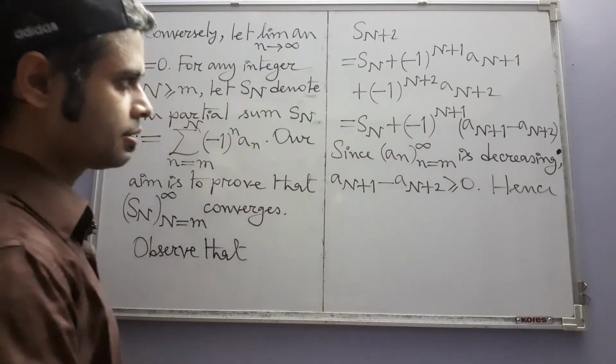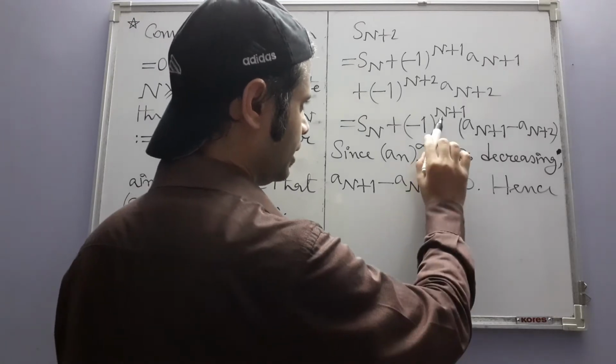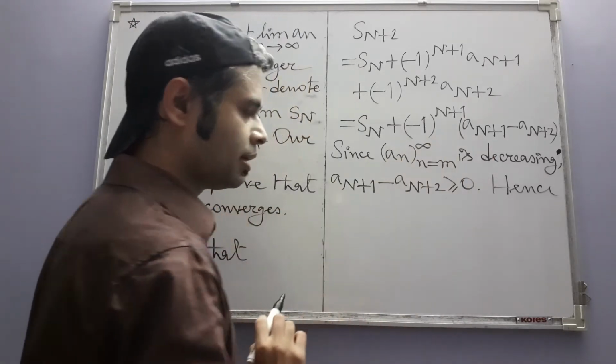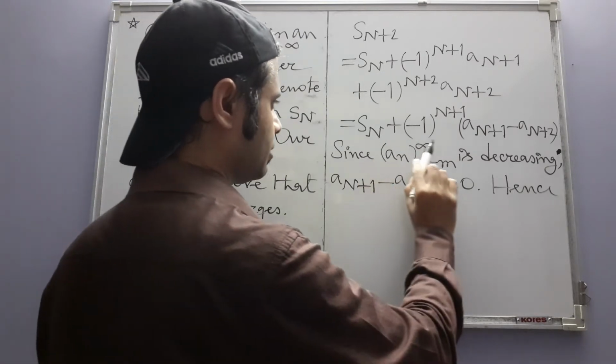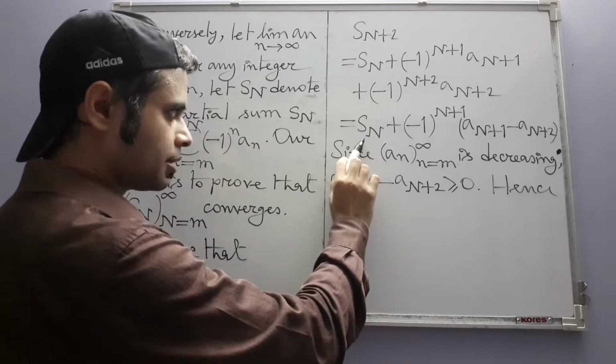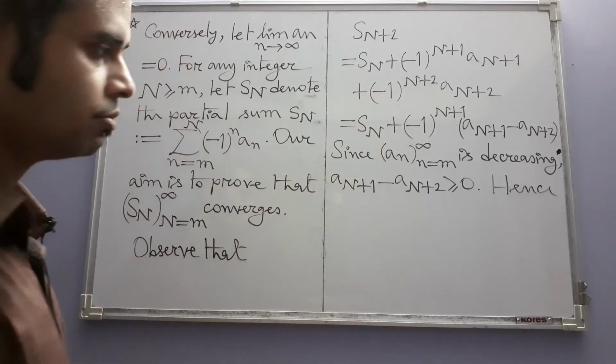So what is going to happen when n is, say, even? When n is even, n plus 1 is odd, so that means we will have a minus sign here. So we are subtracting a non-negative real number from Sn to get Sn plus 2 when n is even.